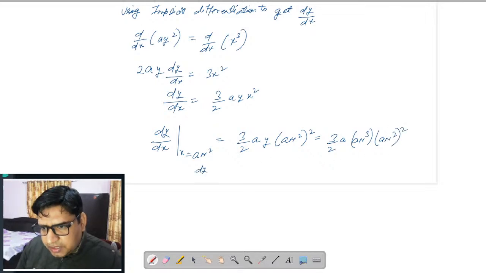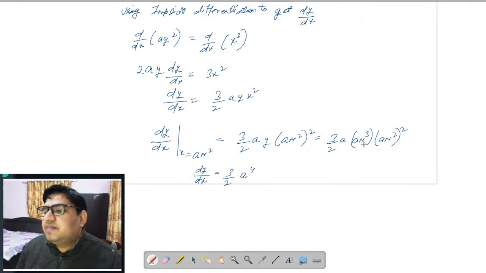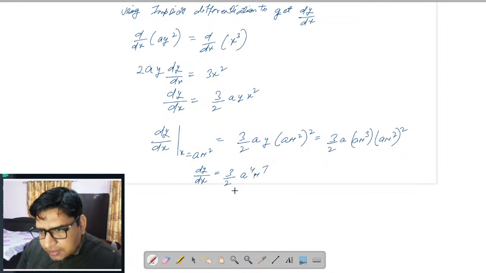So dy by dx is equal to 3 by 2, a is 4, a to the power 4 upon a to the power 2, and m is 3 and 4, 7, m to the power 7.